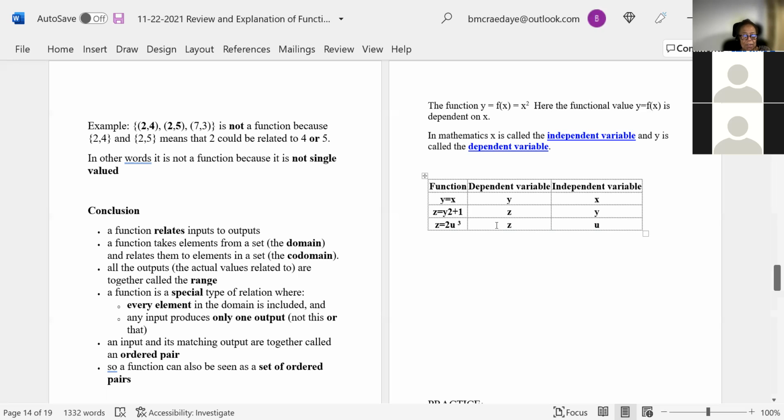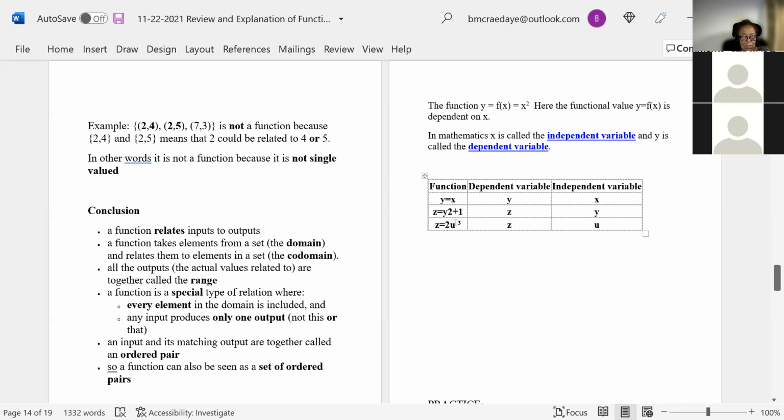Notice the dependent variable is always the one on the left. y is the dependent variable, dependent upon x, the independent variable. z is the dependent variable, dependent upon the independent variable y. z is the dependent variable dependent upon the independent variable u.